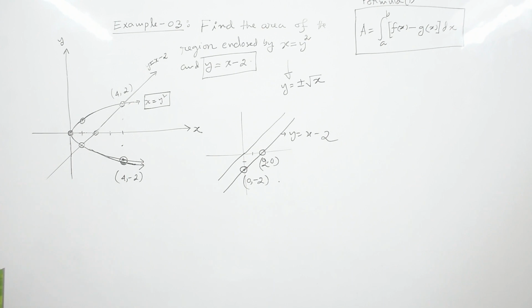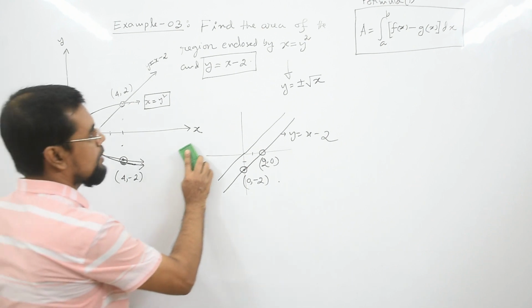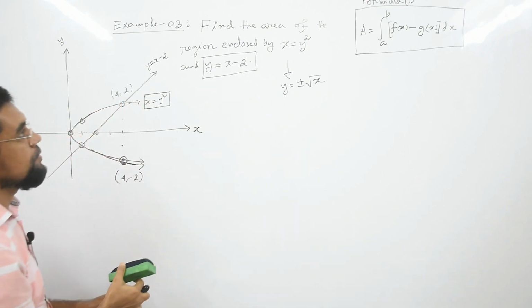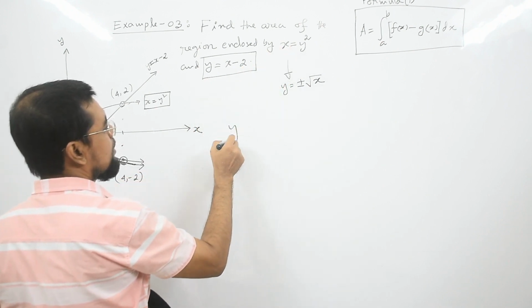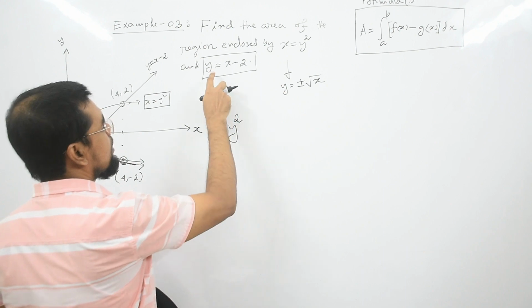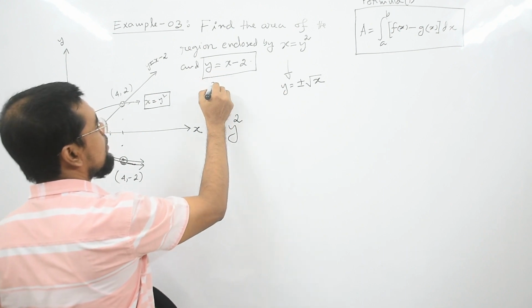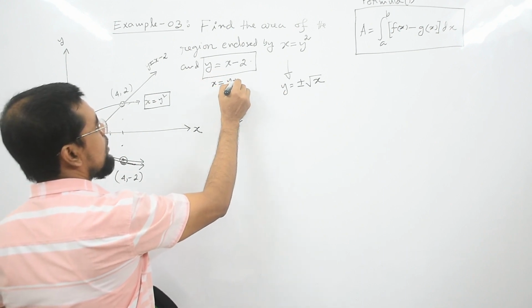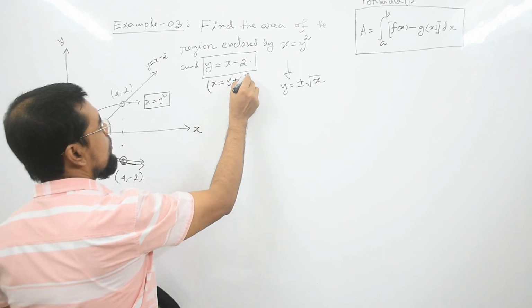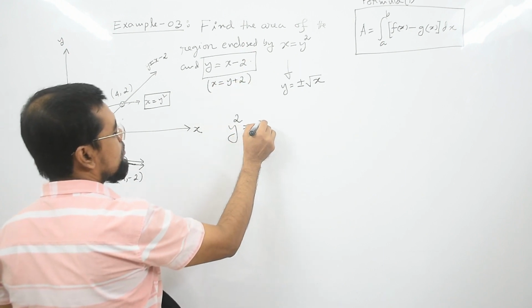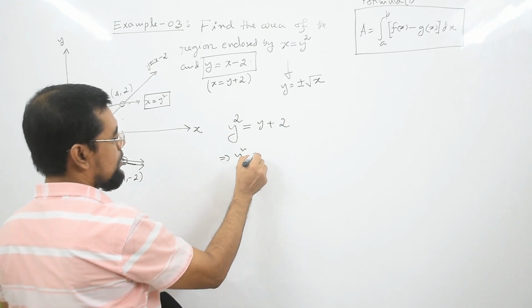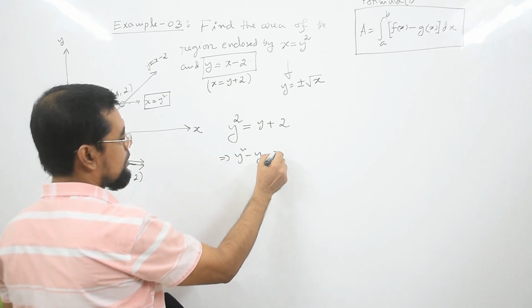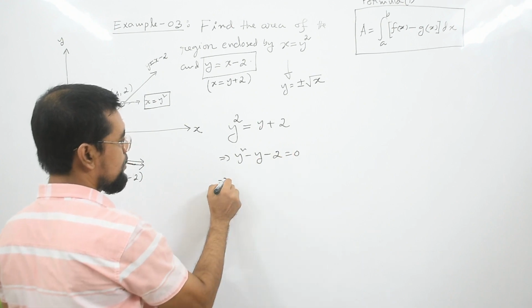And now let us try to understand how we can calculate the point of intersection of these two curves. Since x equal y square, and x equal y plus 2, I can write y square equal y plus 2. This implies y square minus y minus 2 equal 0.